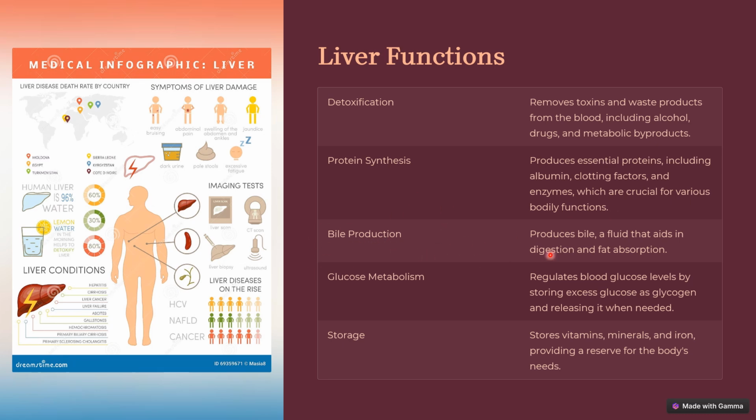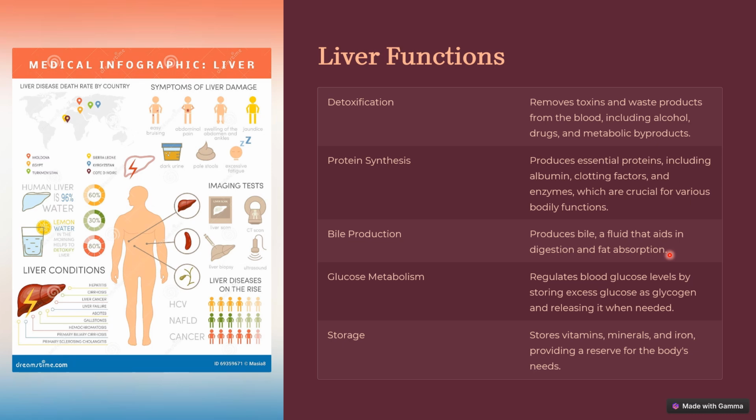Bile production now. Bile is a fluid that aids in digestion and fat absorption. In the previous video, I have covered the esophagus and stomach. In that we saw after peristalsis, when the food comes to the esophagus, it passes, and then the lower sphincter opens and the content is passed to the stomach, then the muscles break down the food and it further goes into the small intestine.